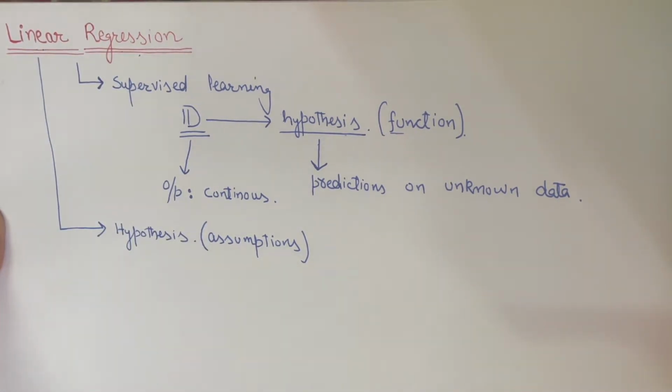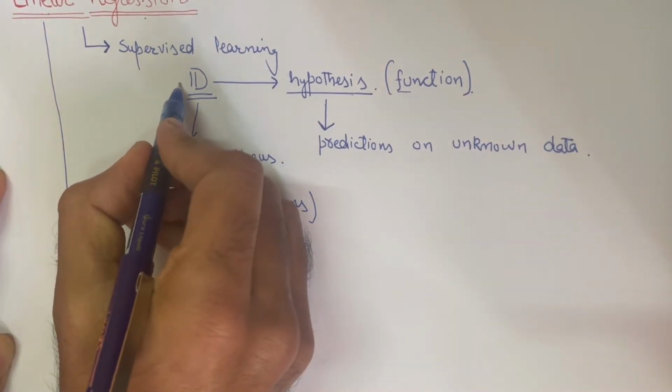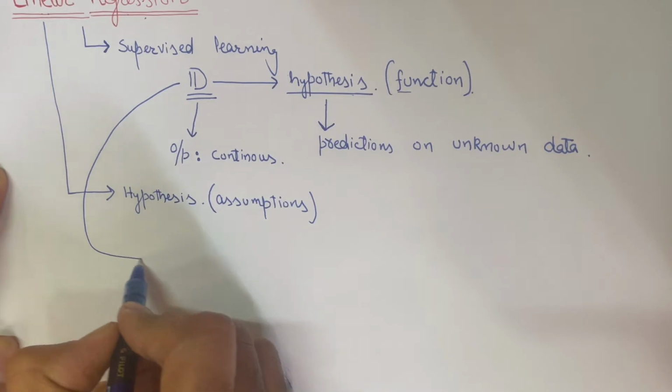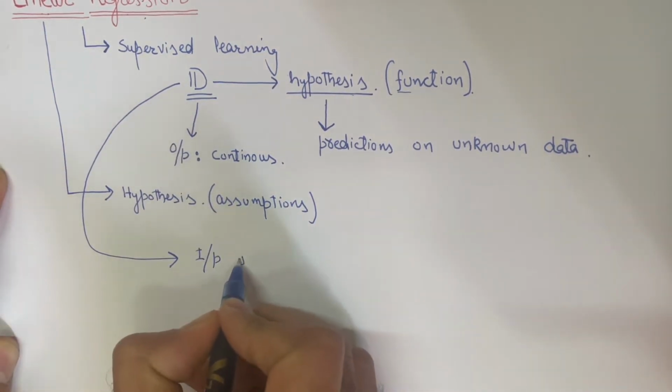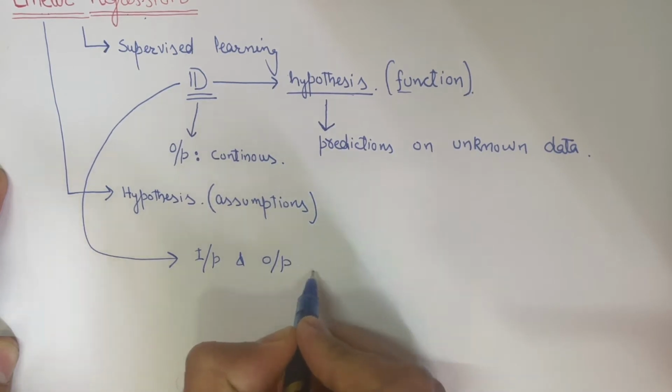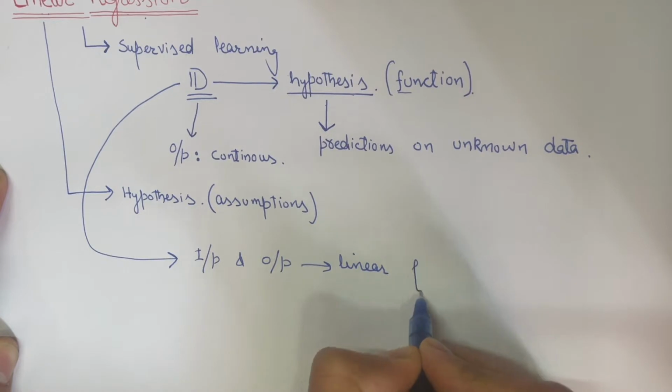So we are assuming that the relationship between the input and output in this data set can be captured by a linear function.